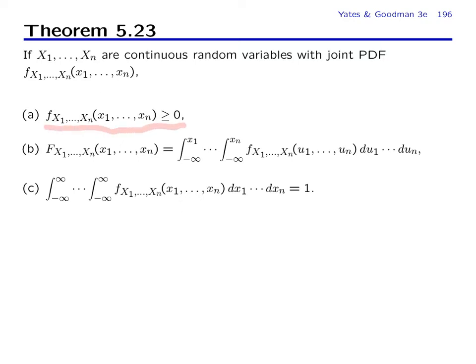The joint PDF is non-negative. You can find the joint CDF by integrating the PDF from minus infinity to xi over all random variables. And of course, the integral of the joint PDF over all possible values, the area under the curve in n dimensions, has to integrate to 1.